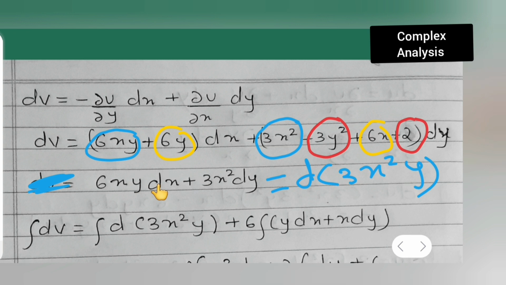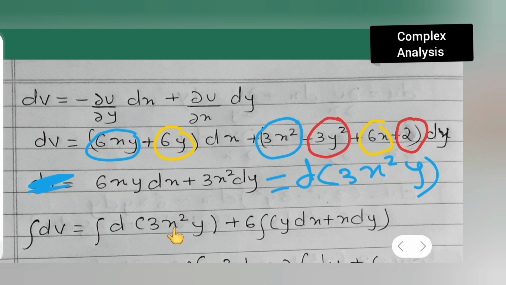Now let me explain all about this. I have taken first 6xy dx along with dx, plus 3x squared along with dy. Now the derivative is what? d of 3x squared y. So when I am integrating this, dv is equal to d of 3x squared y.